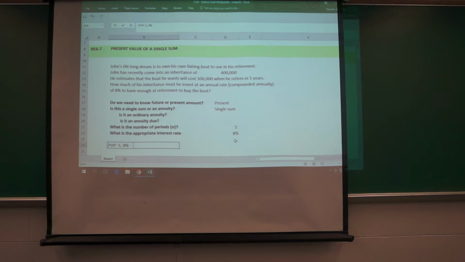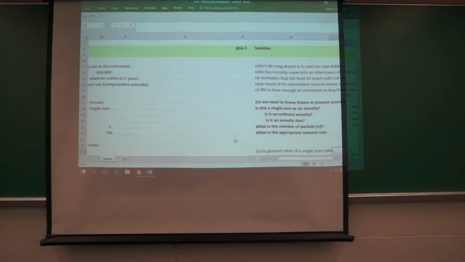And if you take that factor and you multiply it by the 300,000, you should get the amount that you need to deposit. Okay, so amount needed to deposit today. Let's see how that works out.